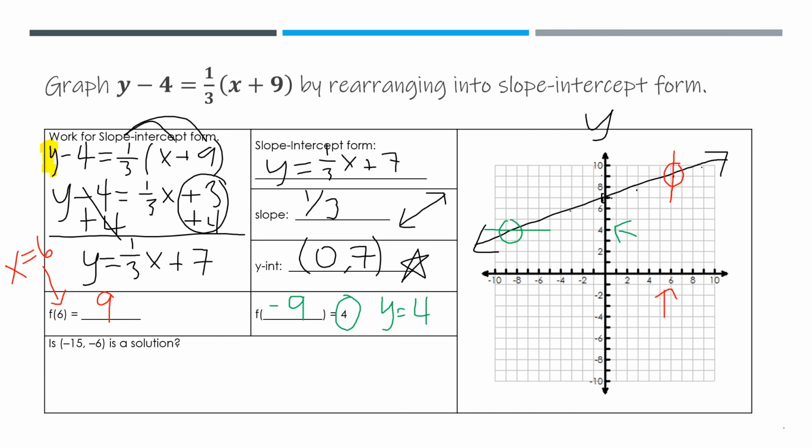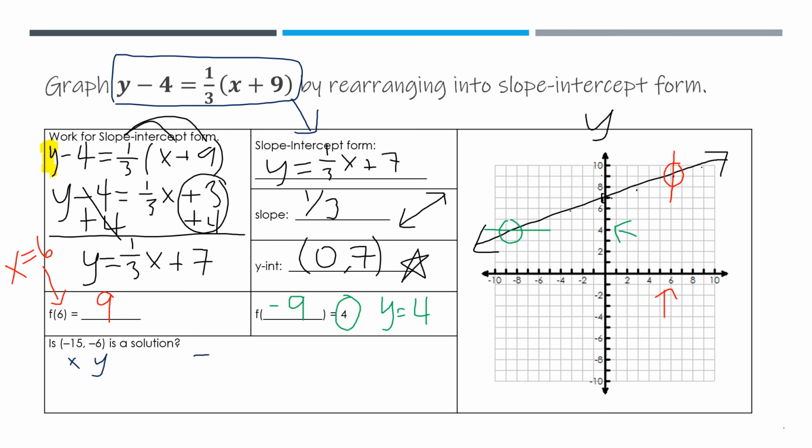All right, so is the point (-15, -6) a solution? So to determine this, I'm going to use my equation, and you can use your original or you could use your slope-intercept form if you wanted. Either one would work, okay? So I'm actually going to use the slope-intercept form since it's a little bit shorter. So this is x and this is y.